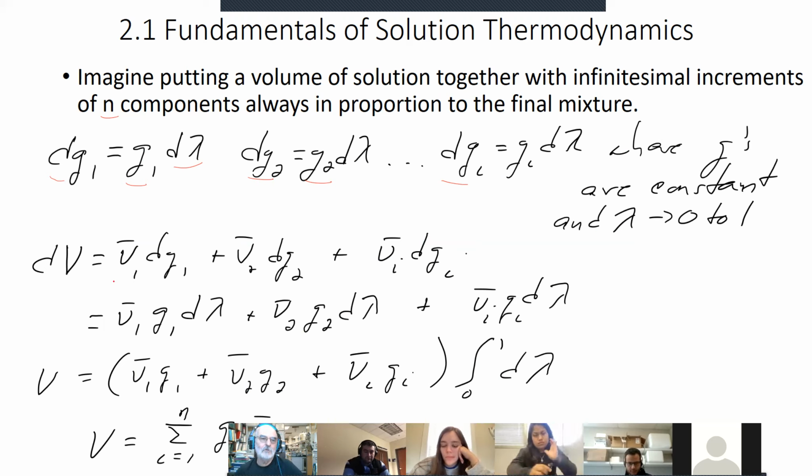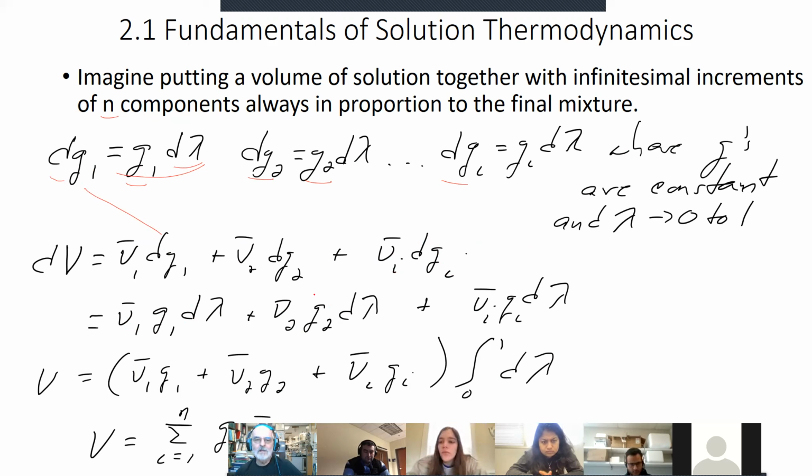The volume change will be the V bar for component 1, remembering it's defined in terms of the total composition that we're making, times dG1, the number of grams, plus the V bar of component 2 times dG2, plus the V bar of component i times dGi. Then I'm going to make a substitution for the dGs: V bar 1 G1 d lambda, V bar 2 G2 d lambda, etc.